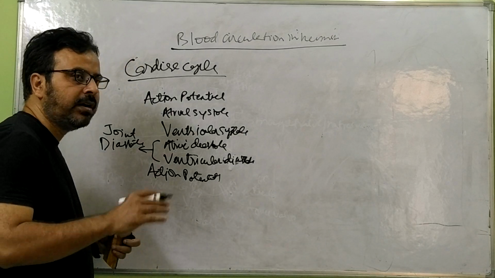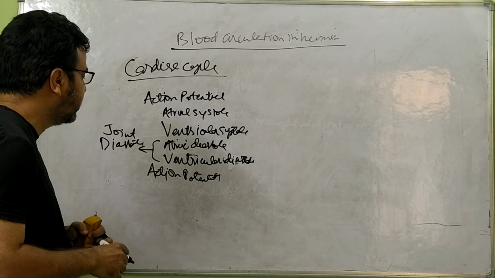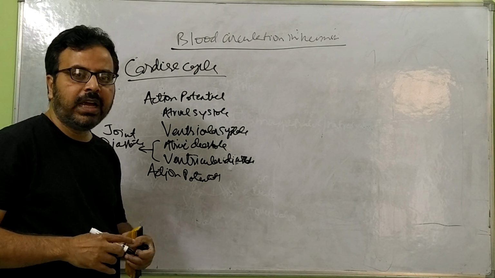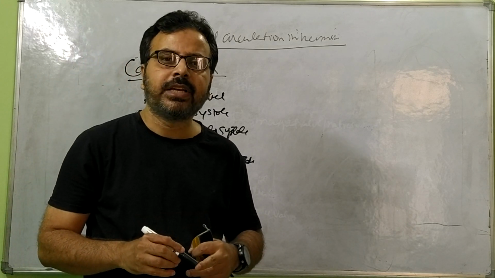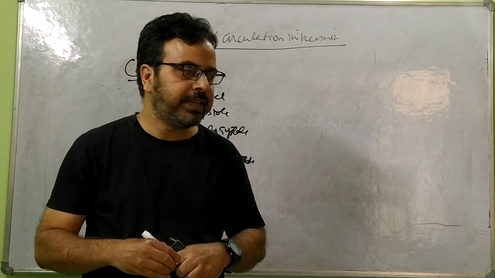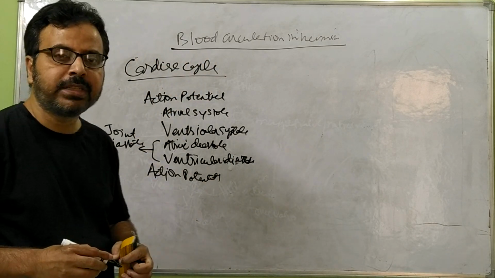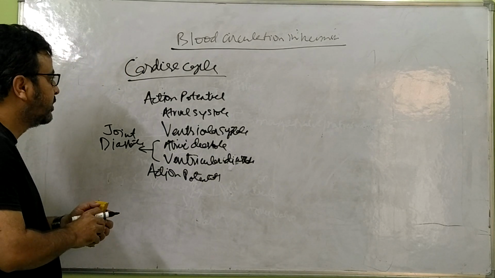So the heart is myogenic. The human heart is myogenic in character, whereas it is neurogenic, that is regulated by neurons, in the case of arthropods. But here it is myogenic, under the control of the nodal musculature, SA node and AV node.